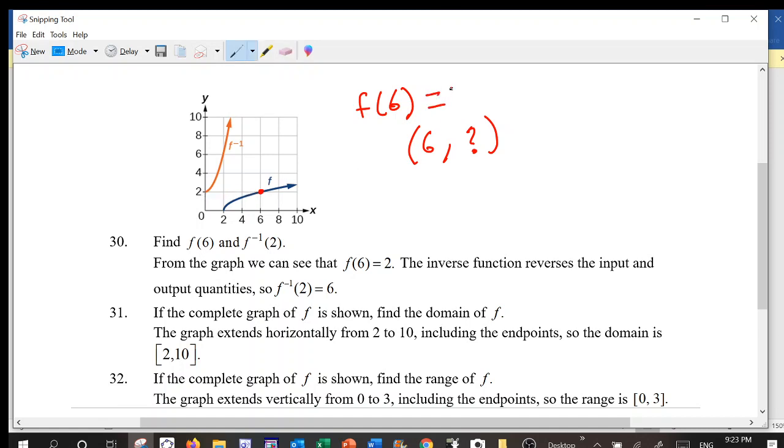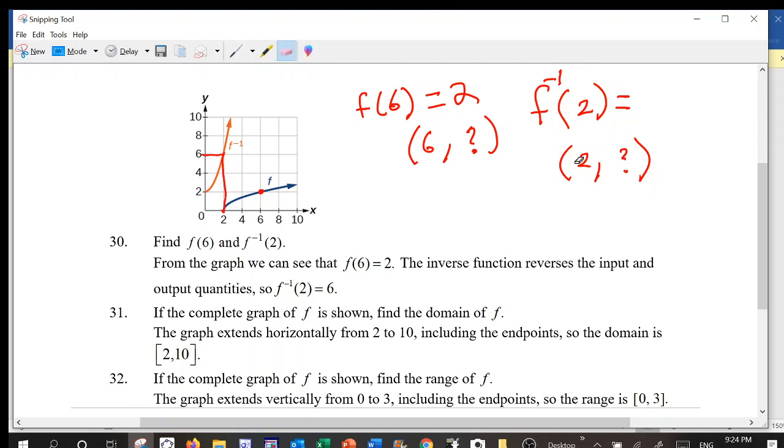So this is 2, right? Now, what does this mean? F inverse of 2 means that on the graph of f inverse, when the input is 2, what's the output? So we go to this inverse one, and when the input is 2, what's the output? 6, right?